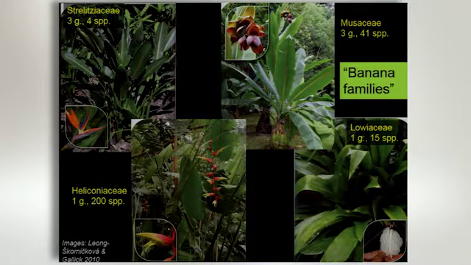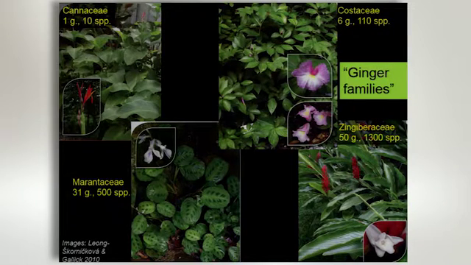So we have 4 so-called banana families, which include the birds of paradise, the bananas, the heliconias, and then the Orchidantha. And then we have 4 ginger families, including Canna, the spiral gingers, the Costaceae, and the true gingers, Zingiberaceae. You'll notice these are by far the most diverse in terms of species number. Marantaceae are the second most diverse.